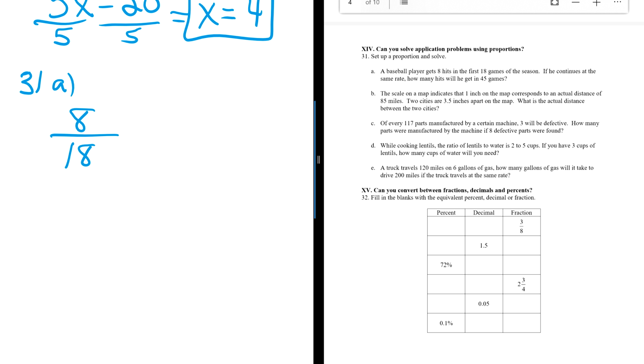If he continues at the same rate, how many will he get in 45 games? So the 18 games is in the denominator, so the 45 games is in the denominator on the other side. And we're solving for the x. And I've got 8 times 45 equals 18x.